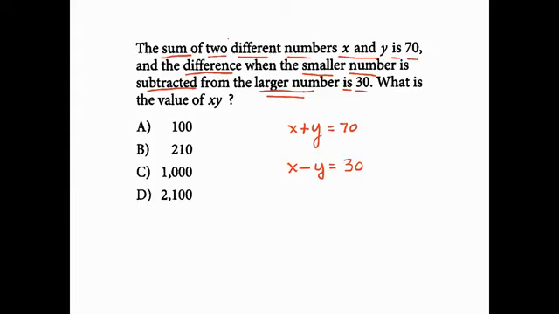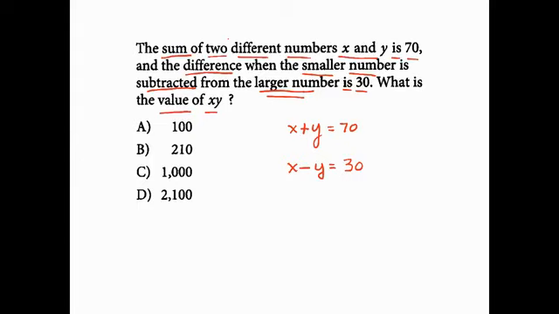This question doesn't ask for the product of these two equations. It asks for the product of just x and y, or the value of xy. So therefore, I quickly discover this is not quite exactly like the previous questions. Here, I need to actually find out the values of x and y.